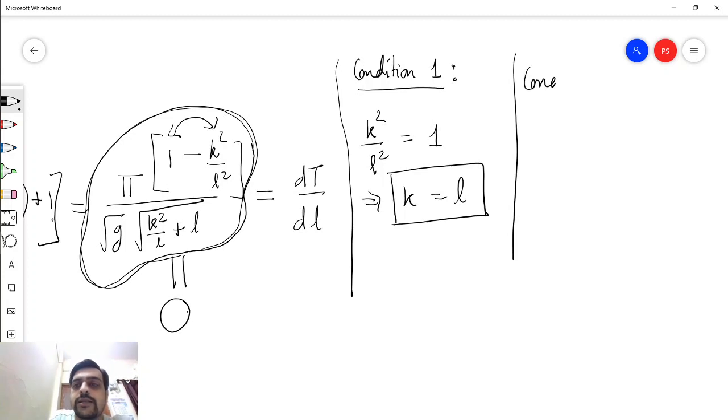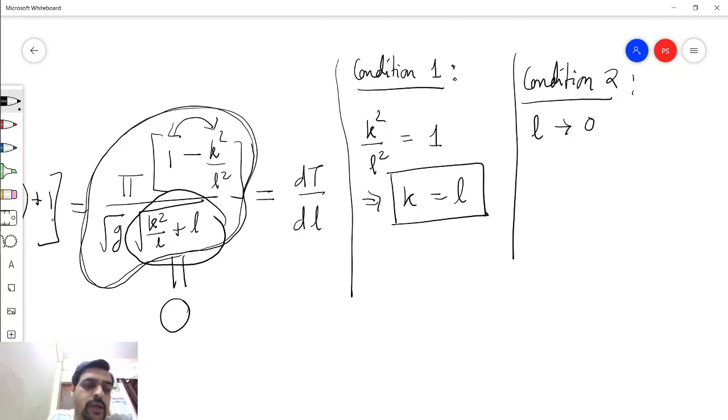Now there is a second condition, condition 2, which is slightly tricky to understand, because now we have to focus on this part which is in the denominator. Suppose L tends to 0. Since L tends to 0, in this term root k squared by L plus L, 1 by L tends to infinity.